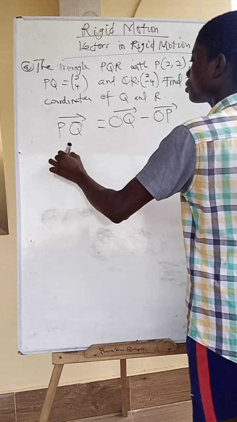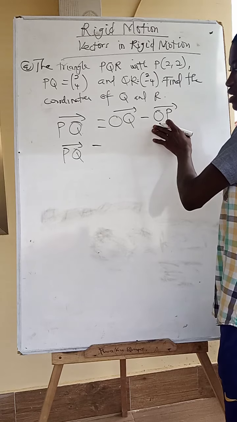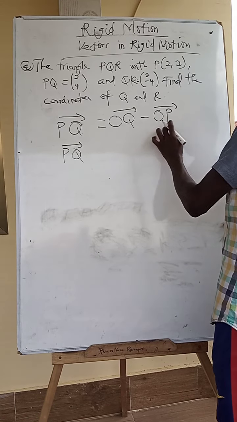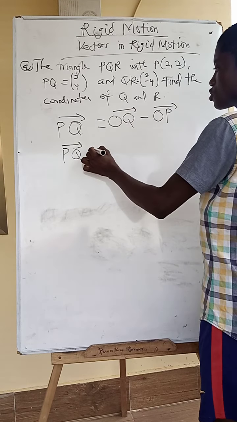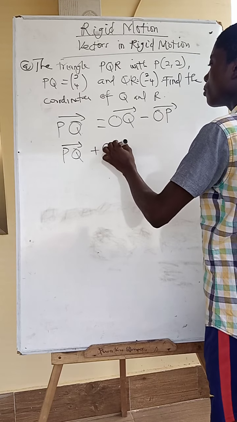I'm saying PQ equals OQ minus OP. We want to make Q the subject, so we take this P to the other side so that Q will remain here. This is negative, so if it crosses to the other side, it becomes positive.